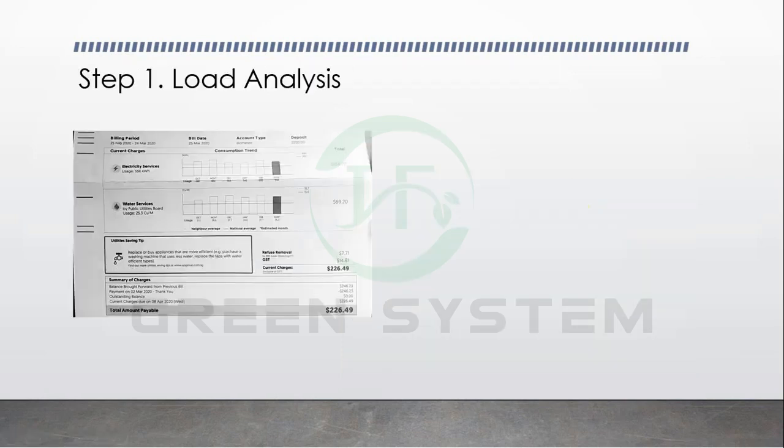Step number 1, load analysis. The goal here is to determine what your daily power consumption is. So this step is quite simple. Just take your electric bill, check your monthly consumption, and divide it by 30 days, and that's it.